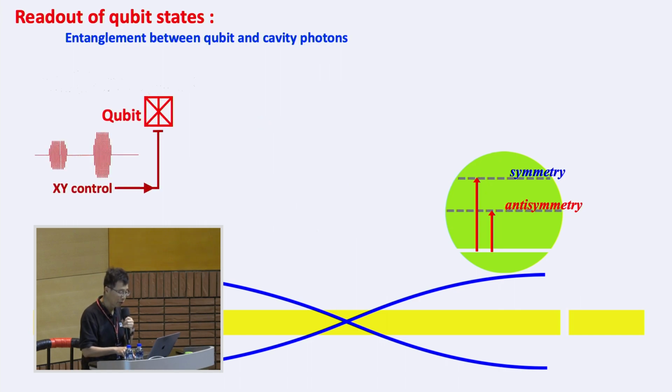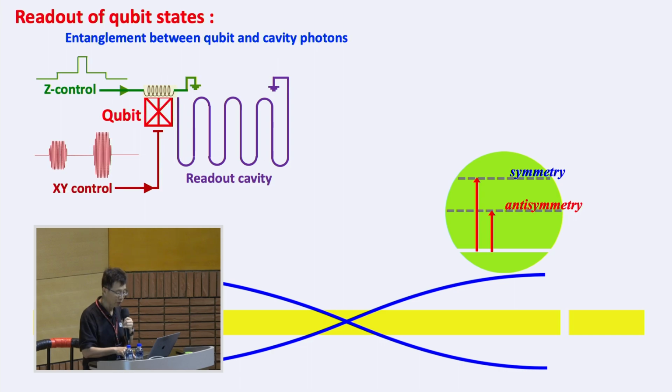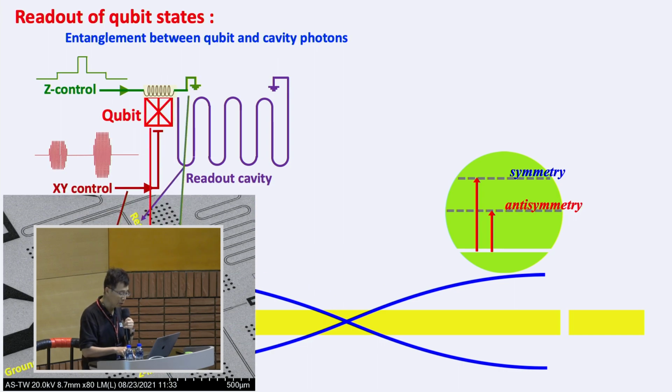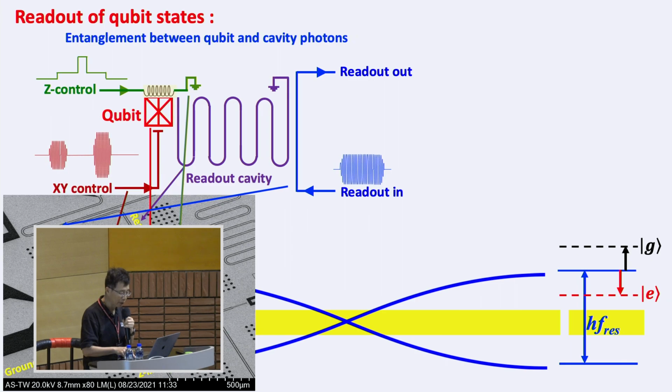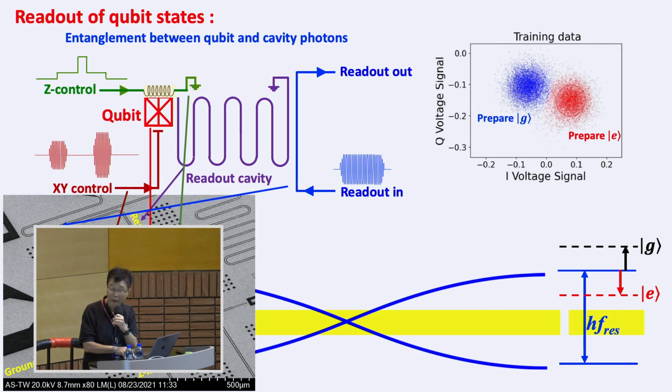And then in reality, what we do is we have a qubit with XY control, and we have readout cavities, and this shows how that corresponds in reality to those put on the chip. And we have a readout line that finally gives us the IQ probes.